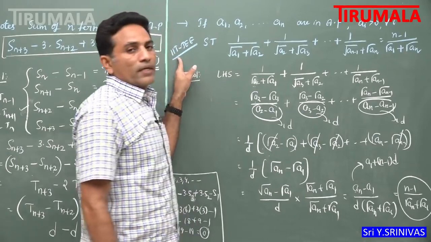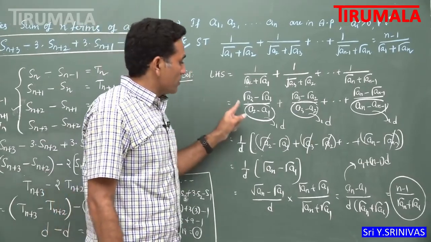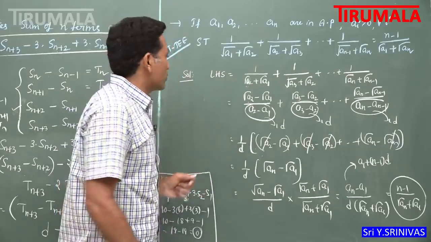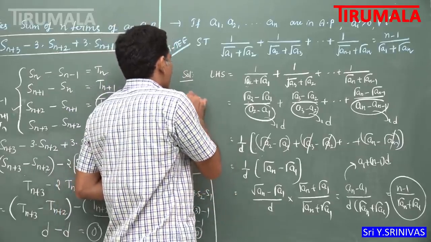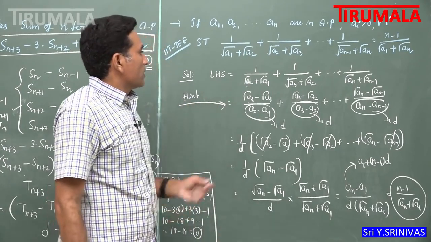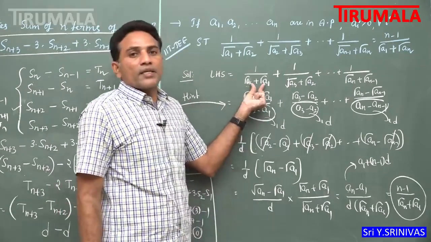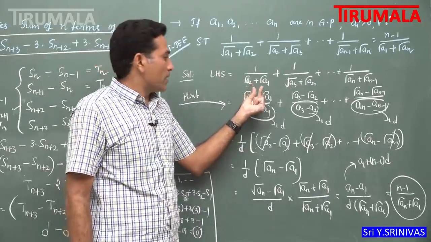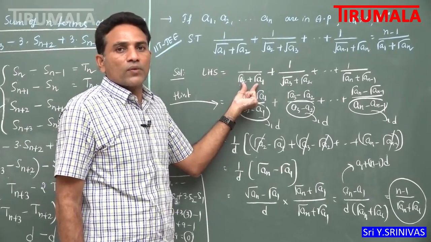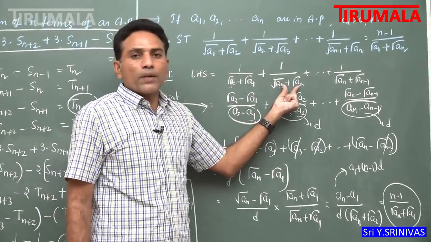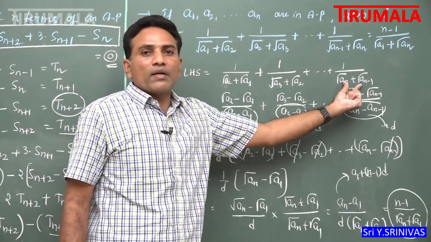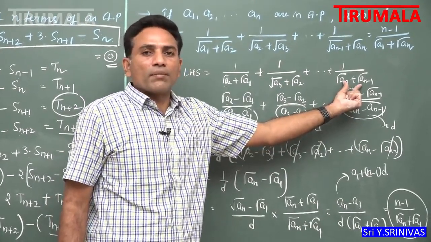This previous IIT JEE model is based only on the common difference. And what is the hint, students? Hint is multiply and divide. It is the main point. Rationalize the denominator, that means multiply and divide with root a2 minus root a1. Here also multiply and divide with root a3 minus root a2. Here we multiply and divide with root an minus root an minus 1.